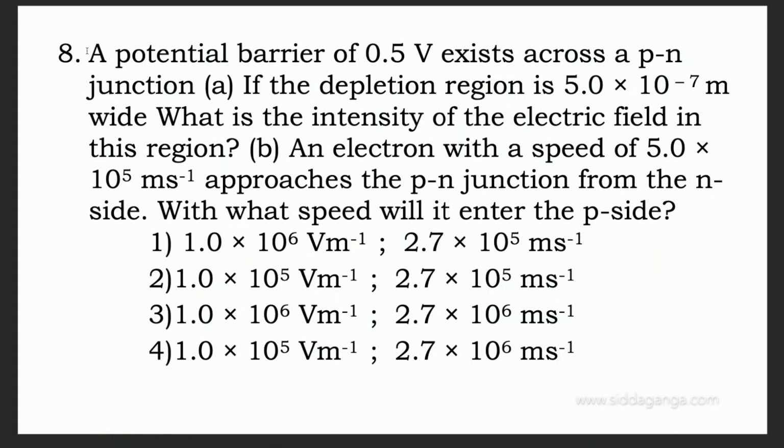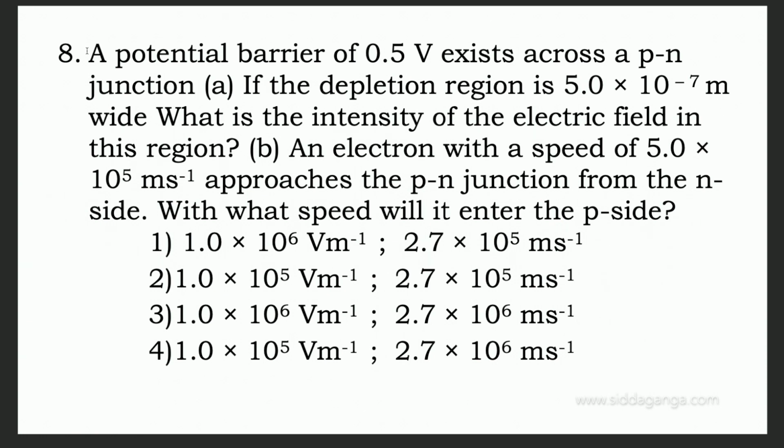Question number 8. A potential barrier of 0.5 volt exists across a PN junction. If the depletion region is D equal to 5 into 10 power minus 7 meter wide, what is the intensity of the electric field in that region?